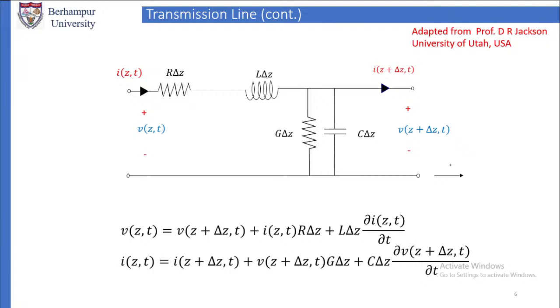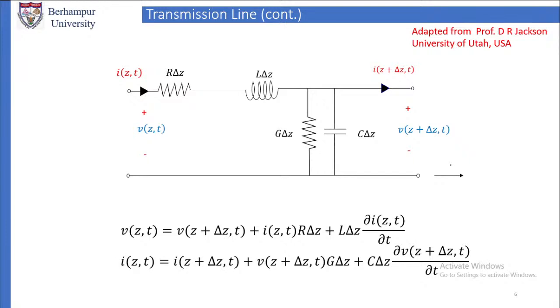Similarly, let us find out the current. Current is I(Z,T) at the left end. What will it be at the right end? The current passing through the resistance and the inductance, that is the current coming out, I(Z plus delta Z, T). Then add the current that goes through the conductance and the current that goes through the capacitance.